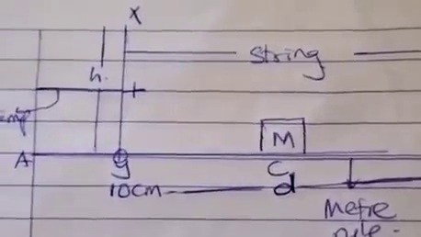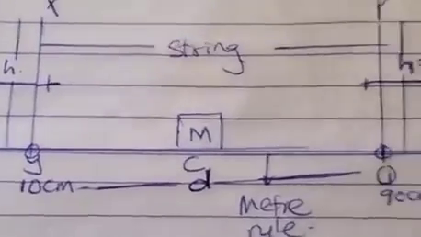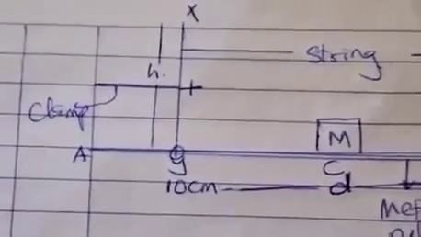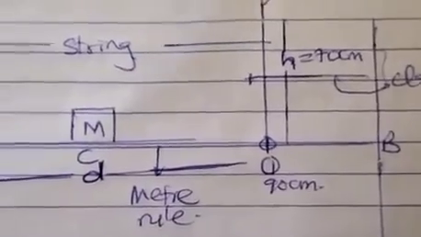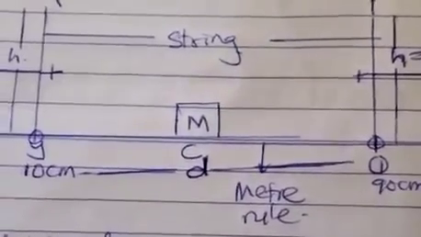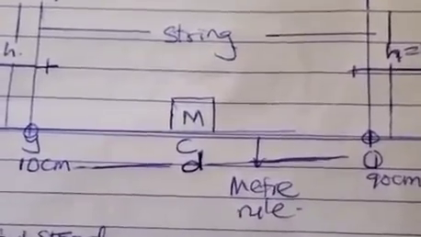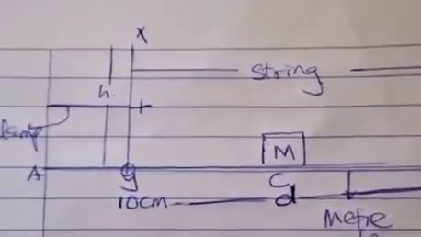That means the meter rule is supported by the string at 10 cm and also at 90 cm, 10 cm from the 0 end and 90 cm from the 100 end. So the distance YQ will be 90 minus 10, so D is 80 cm. These two things will be held constant throughout the experiment.